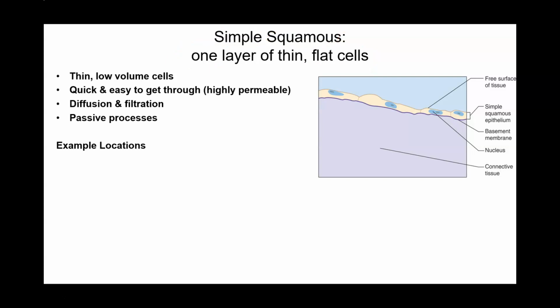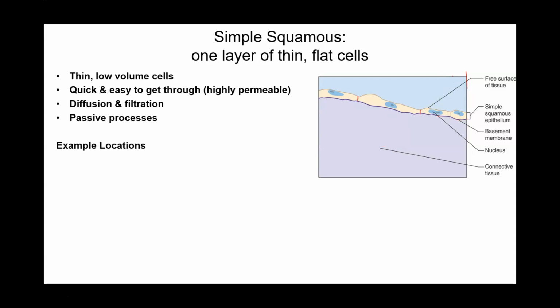You can see that over here in the diagram where the epithelial cells are shown in this beige color. You're looking at them from the side, so they're shown in profile. This right here is the free or apical surface. This down here is the basement membrane on the basal surface, and this is the tissue that it covers.